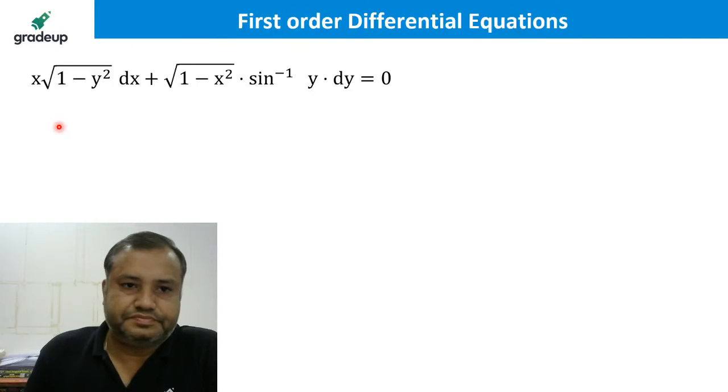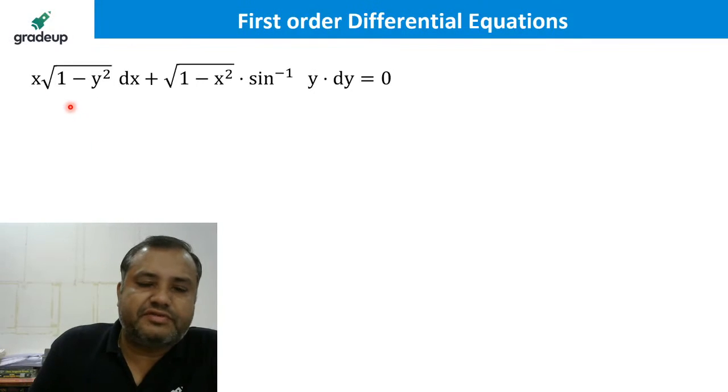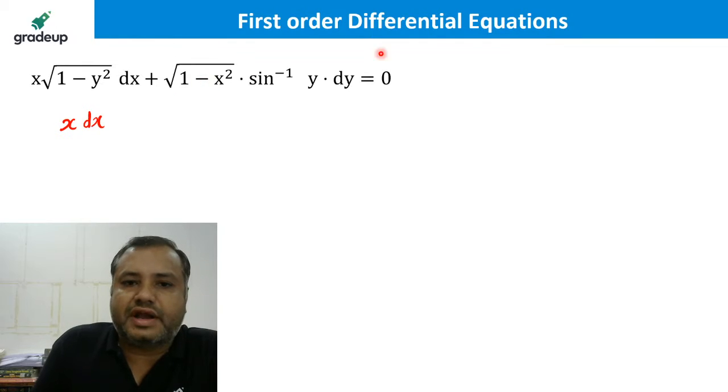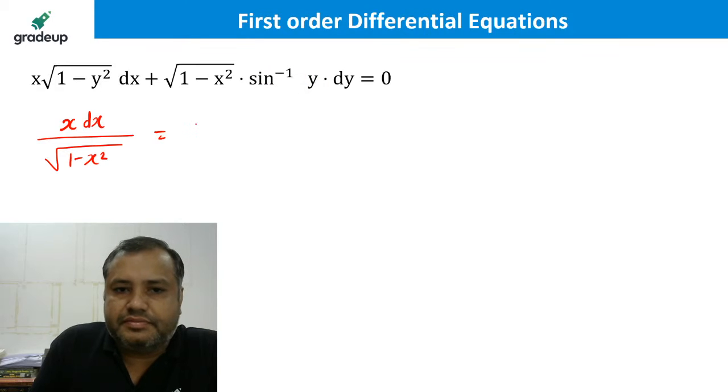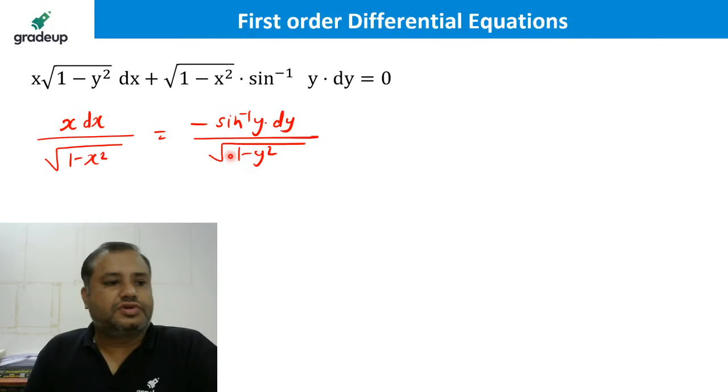Now see here. Here I am separating the variables. So the x dx term is brought to the right side and this root will be brought into the denominator. This term went to the other side, divided by this root 1 minus y square. So terms are separated.